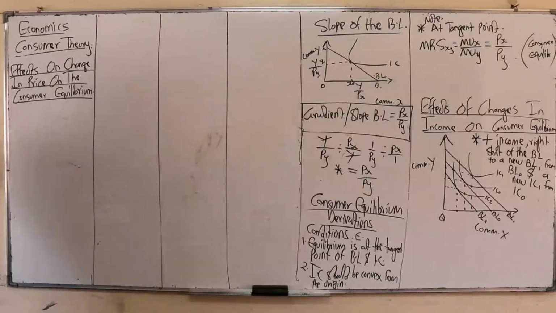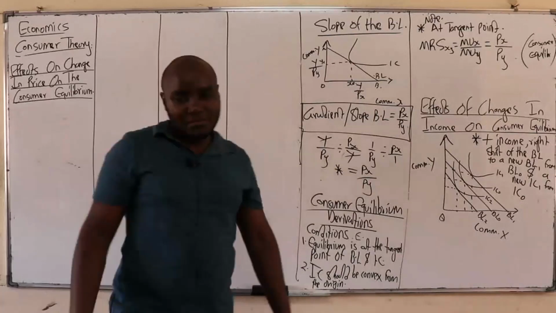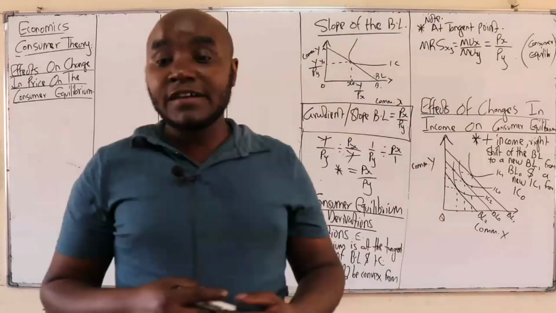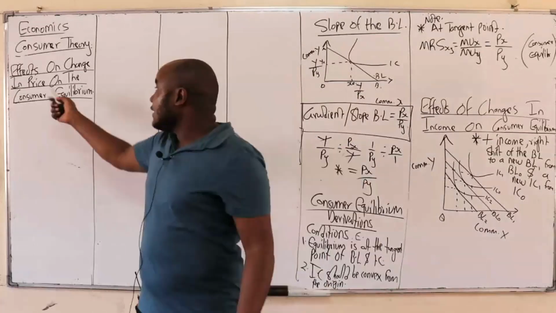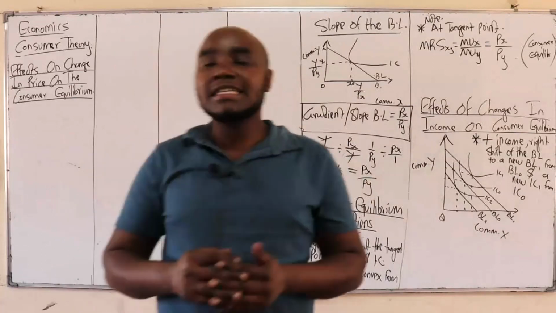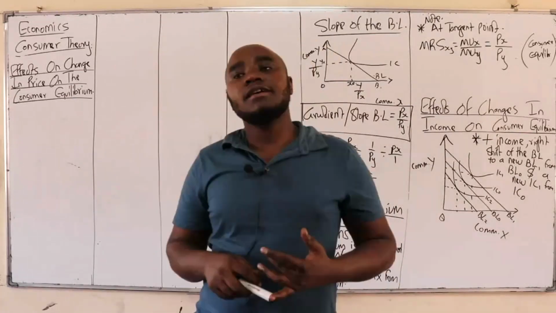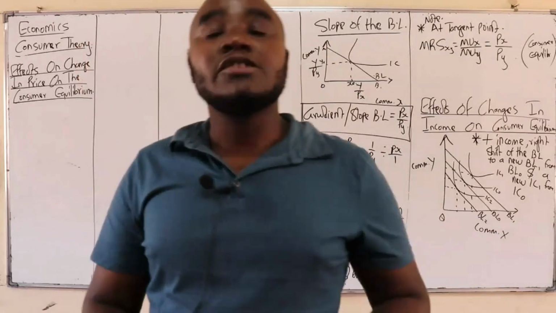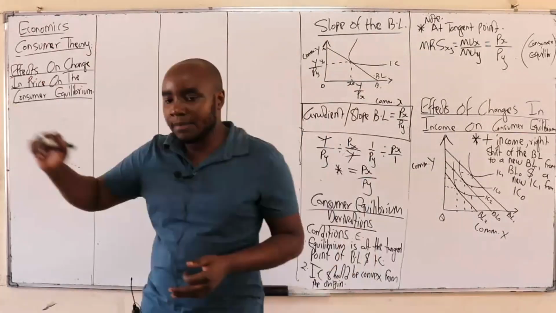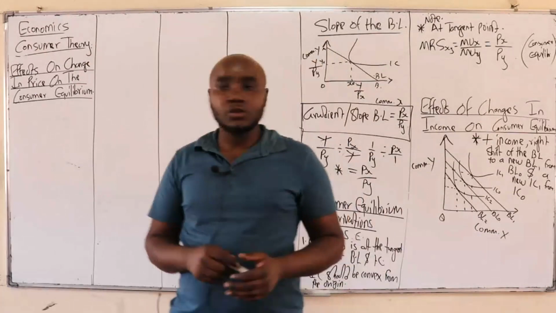That effect that arises. If you can remember very well, this is not the first time that we have talked about the effect of changes in price. We have communicated about it in our demand analysis, as well as our supply analysis, as well as the determination of equilibrium, the immediate previous topic.